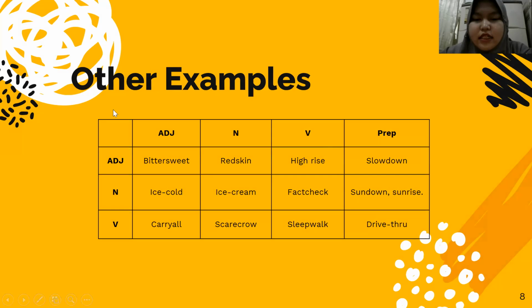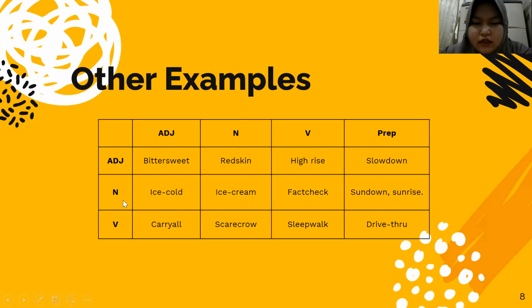Okay, this is a table of other examples of compounds. In compounding, we can use anything else. Like here, for example, we can use noun and verb, noun and adjective. It is up to us. Example here, I want to tell you about ice-cold.